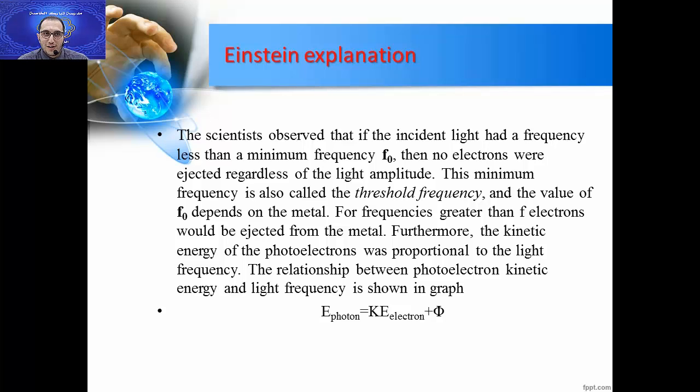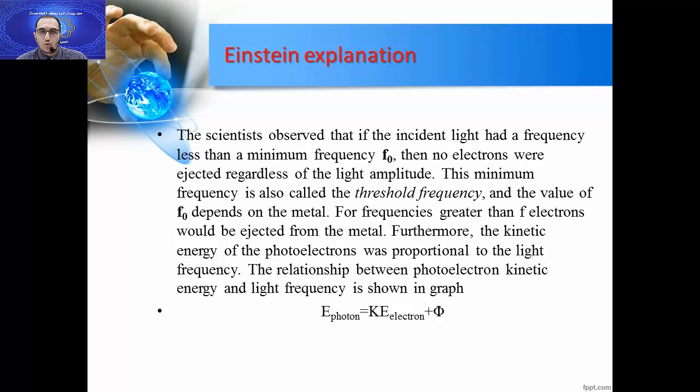If the metal is made of copper, zinc, or potassium, each metal's atoms or electrons inside it vibrate with a frequency. This frequency is known as the threshold frequency, and it's constant for each metal.